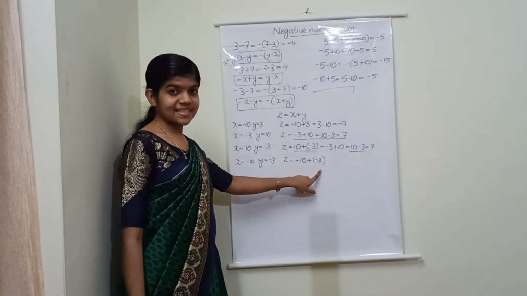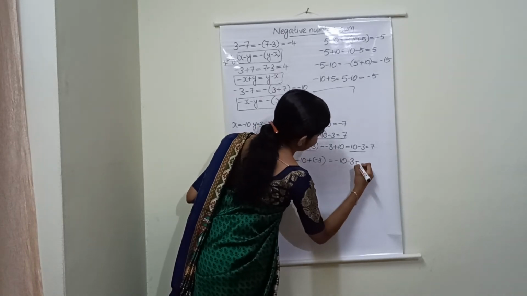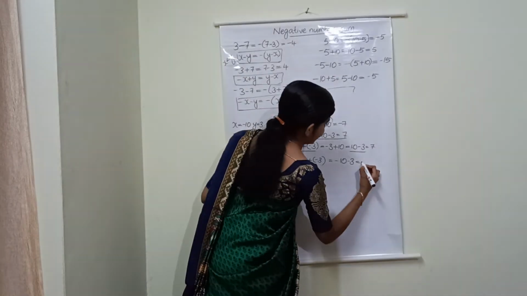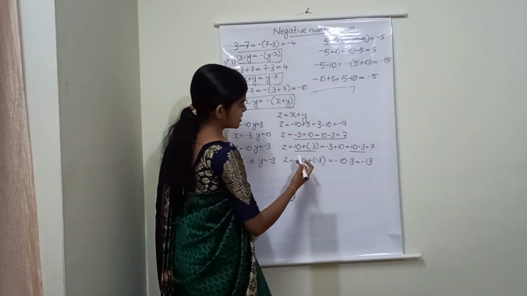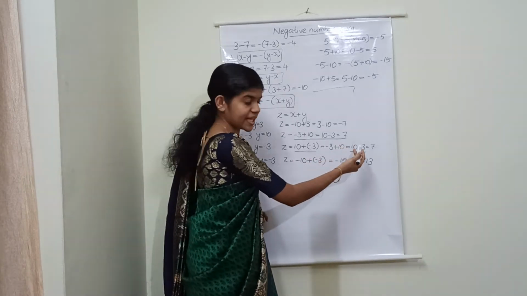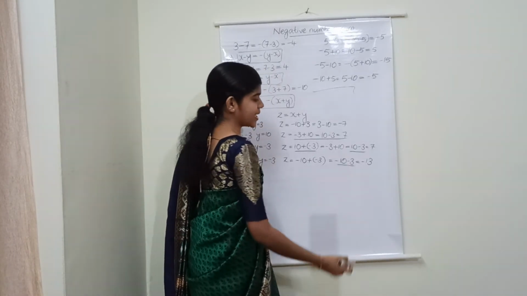Minus 10 plus minus 3 is equal to minus 10 minus 3, that is minus 13. From these, we get 10 plus minus 3 simply becomes 10 minus 3, and minus 10 plus minus 3 simply becomes minus 10 minus 3.